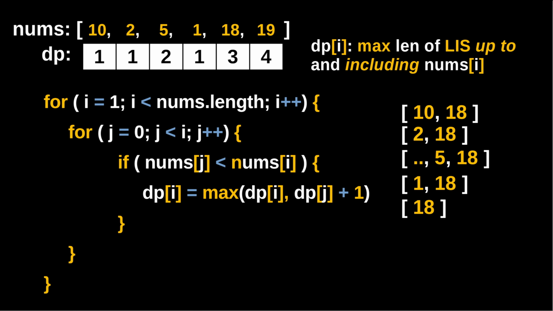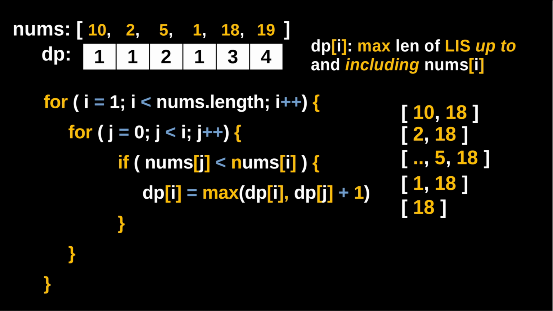It is worth mentioning that at this iteration, 5 and 18 can make another increasing subsequence with a length of 3. All we know is that there is some sequence that has a length of 2 that ends with 5, and we can append 18 to it to make another longer increasing subsequence. We don't know what the sequence of numbers before 5 is, and we don't really care.